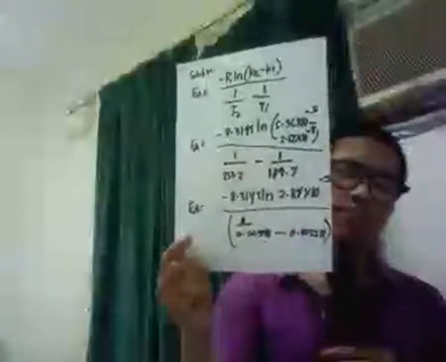Okay? So, ln of 2.84 times 10 to the negative 3. Ayan. So, 0.00284 ln, right? ln, meaning logarithm.